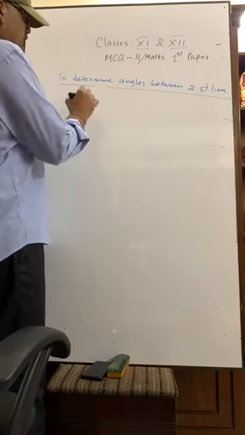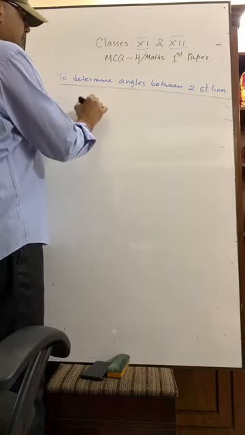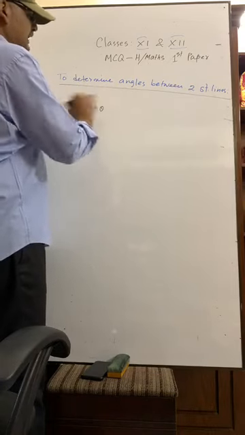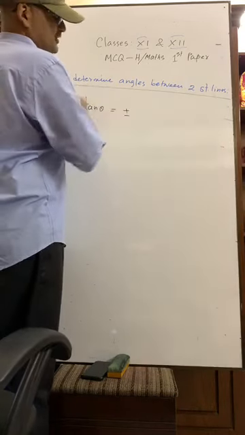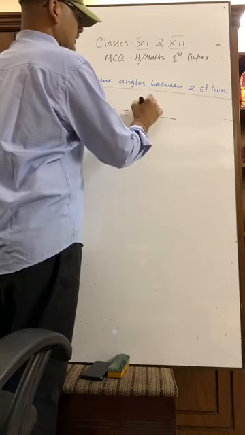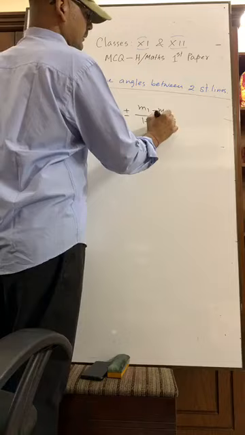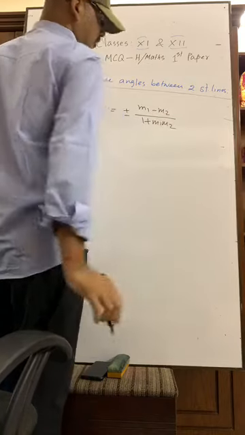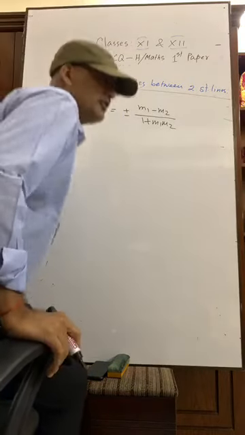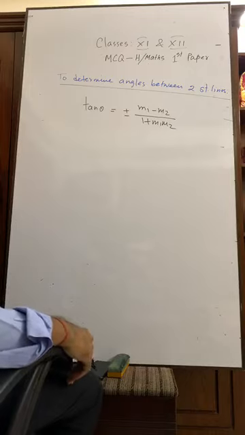What we know is that tan theta is equal to plus minus m1 minus m2 by 1 plus m1 m2. Is it the formula? And you will say yes, sir, it is the formula. That's good.